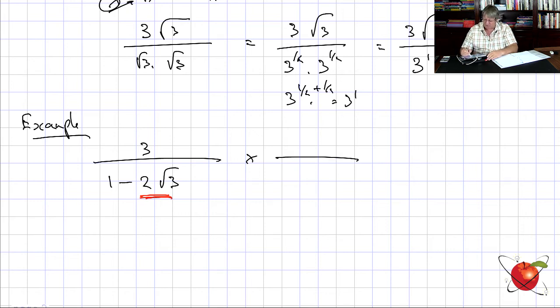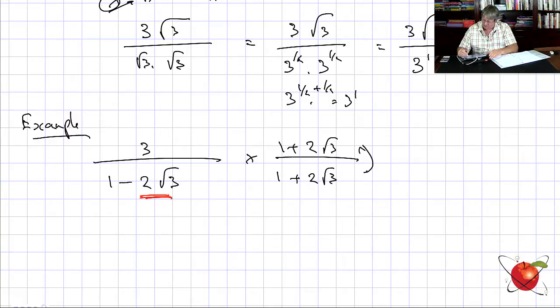Well, this and this must be the same on top and bottom. This is going to be 1 plus 2 root 3, 1 plus 2 root 3. Yes, for those of you who spotted it, we are actually completing the square, essentially, because do you remember that it's very similar to if we had a plus b, and now we multiply it by a minus b.